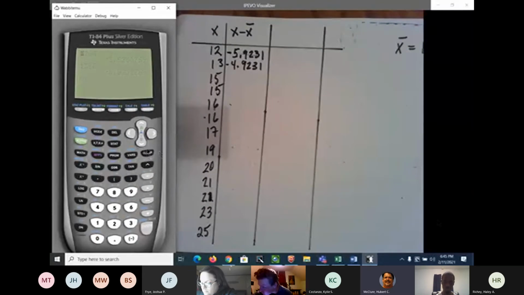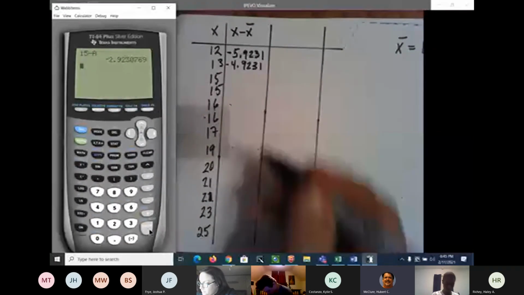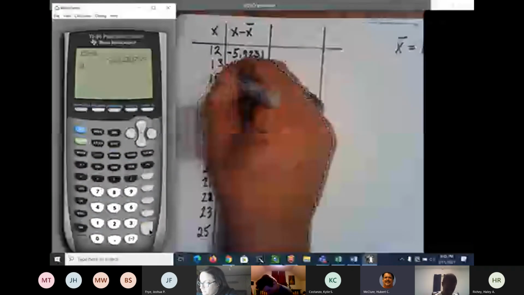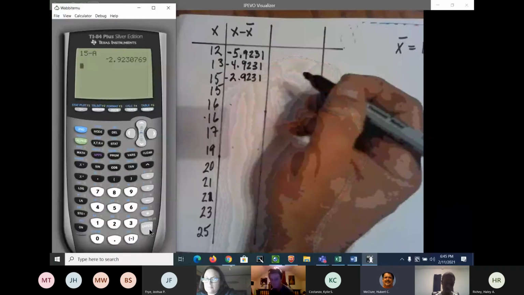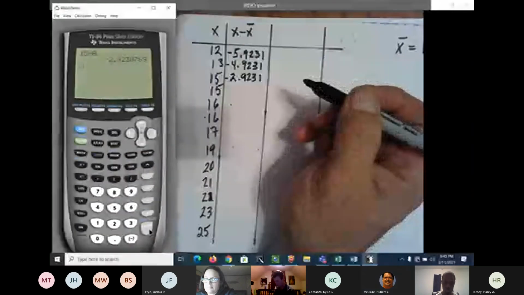I'm going to go ahead and do some more. You can check yourself. 15 minus alpha A. Negative 2.9231. Does anybody notice a pattern with the 4 decimal places?